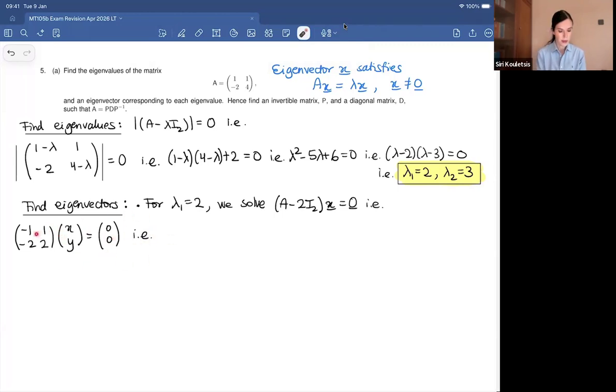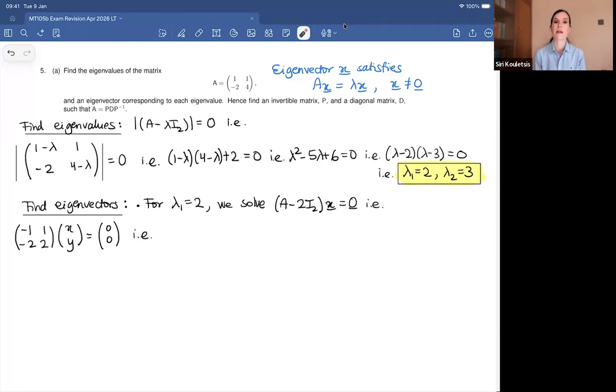So in R2, minus x plus y equals 0, minus 2x plus 2y equals 0. So that simultaneous system of equations, you see that the second equation is just a non-zero scalar multiple of the first. So these equations represent the same line.